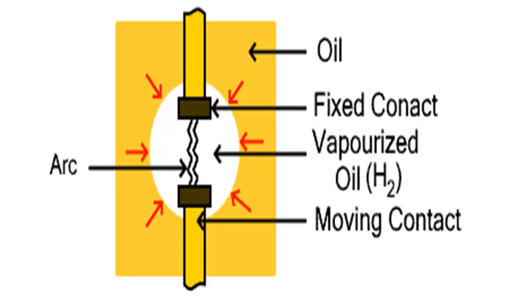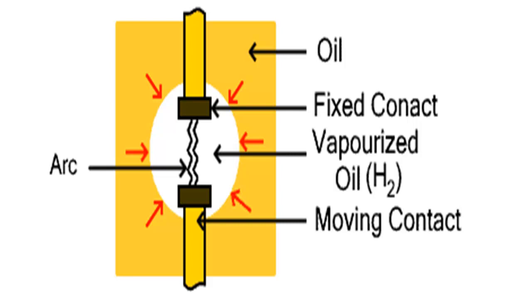As the arc is formed, the oil is ionized. Remember, oils are hydrocarbons, so hydrogen is generated. This hydrogen gas conducts heat faster than air, about 8 times faster. That will help to conduct the heat away from the arc as it is being formed.